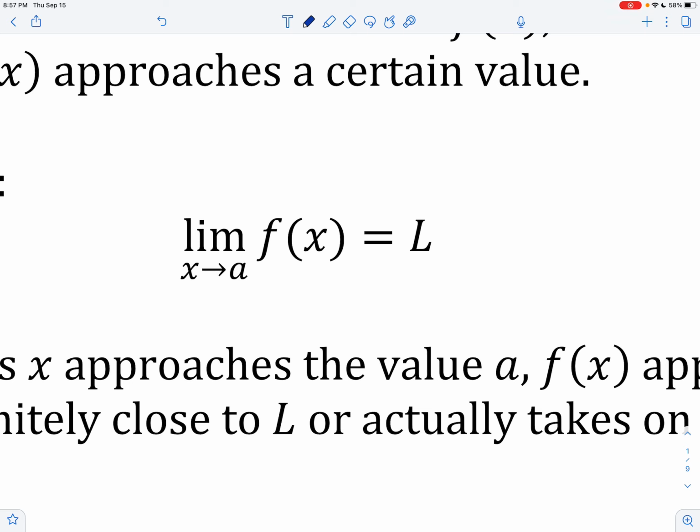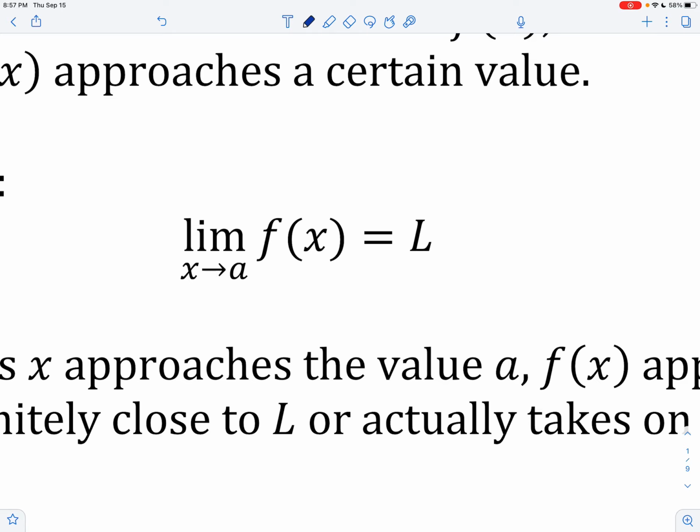What this essentially says, though, is that as this value x approaches just some value a, f of x gets really close to L. In terms of a graph, this means as x gets close to a certain value, y is getting close to a very certain value as well.